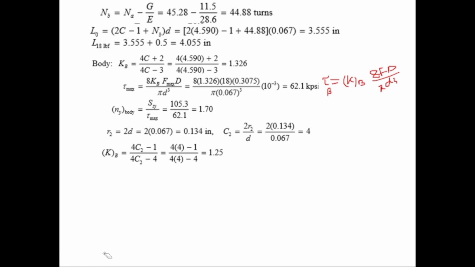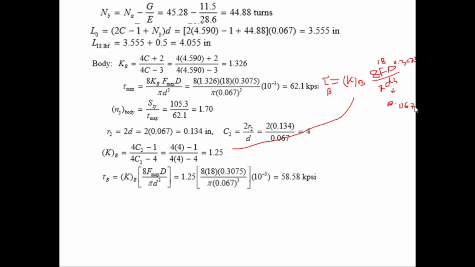Put C2 equal to 4 in this equation and it gives 15 divided by 12, and after calculation Kb is equal to 1.25. So put here 1.25, F equal to 18, D equal to 0.3075, and wire diameter d equal to 0.067. So the torsional shear stress at critical position B is equal to 58.5 kpsi.